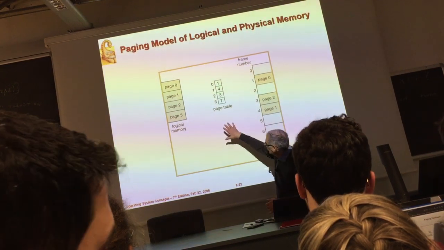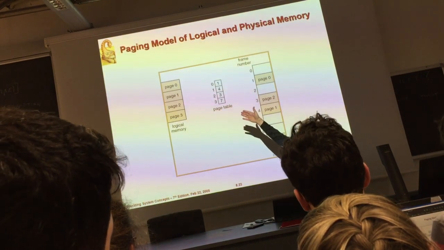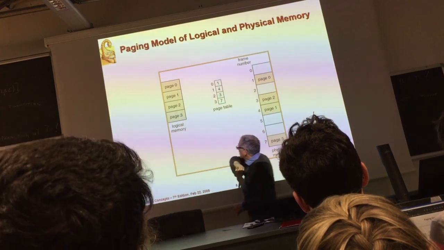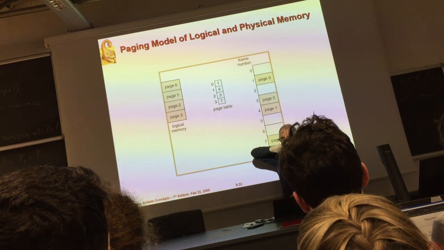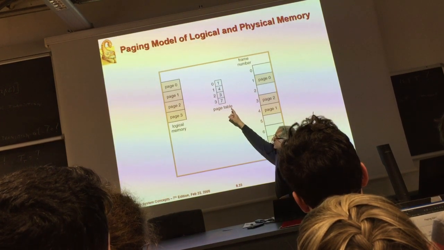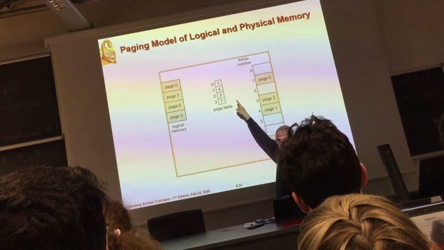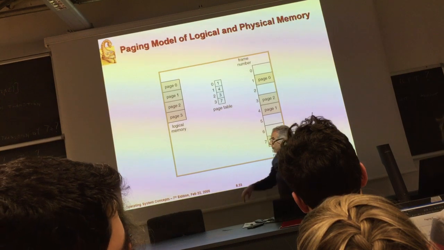But just to finish, you see logical memory, page 0, page 1, page 2, page 3. Probably this is half empty. Currently, a snapshot, the kernel has loaded the page 0 in frame 1, page 1 in frame 4, page 2 in frame 3, and so on.